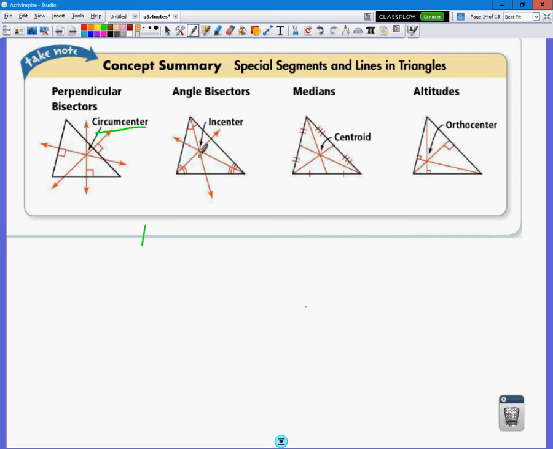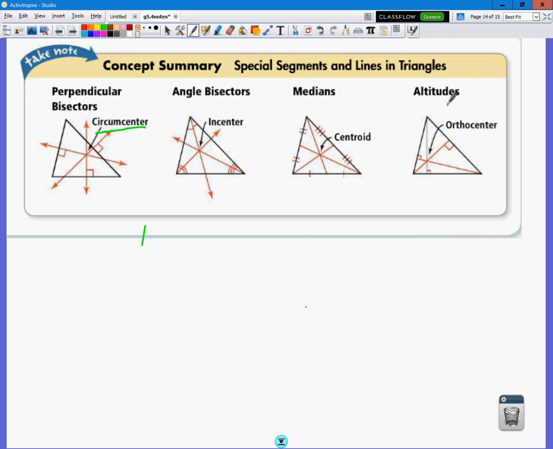It is equal distance from the sides of the triangle. The point of concurrency of the medians is the centroid. These don't create things that are equal. The distance from the vertex to the centroid is twice the distance from the centroid to the side.